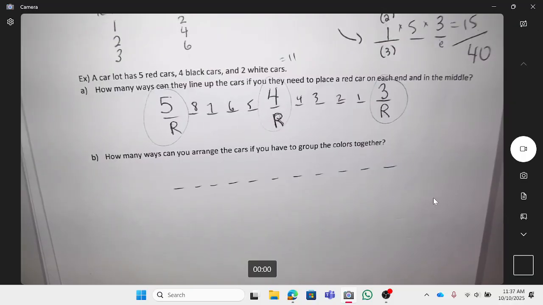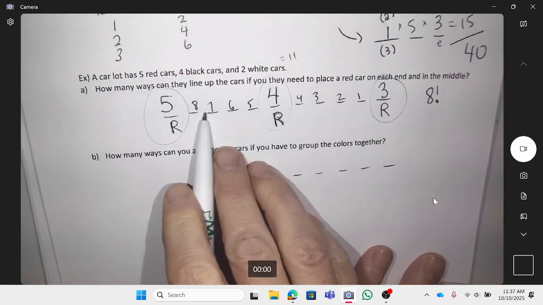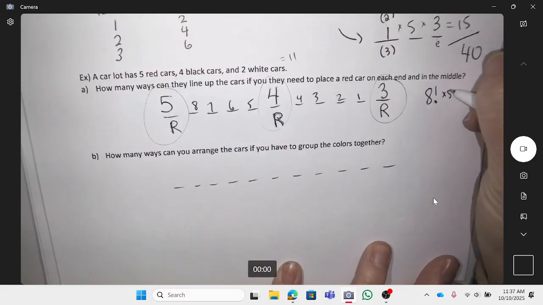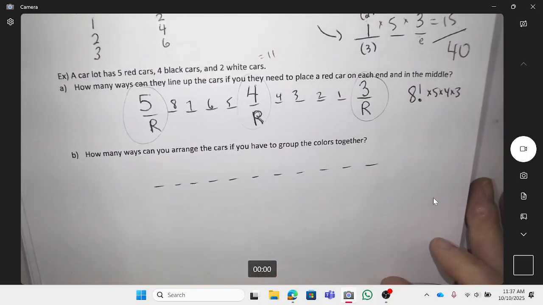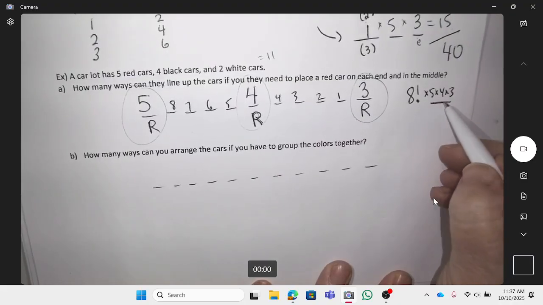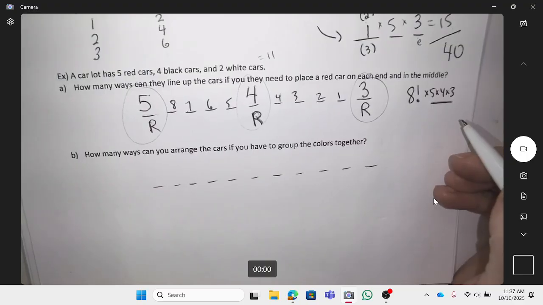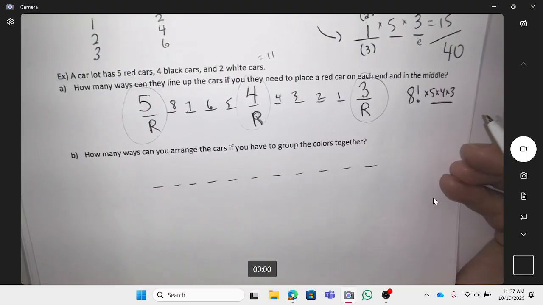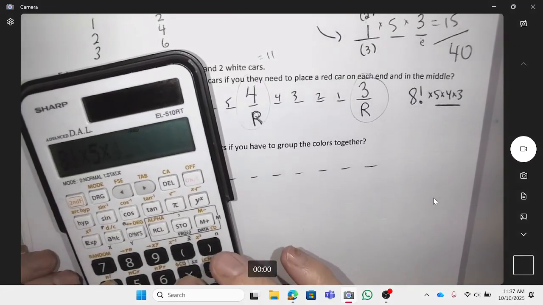What would be a faster way to type this? I see an 8 factorial times 5, 4, 3. Why can't I do 5 factorial? Why would 5 factorial be wrong? Because you're not going down to 1. You're not going 5, 4, 3, 2, 1. Okay, that's not the same. Okay, does that make sense why it's not a factorial there?